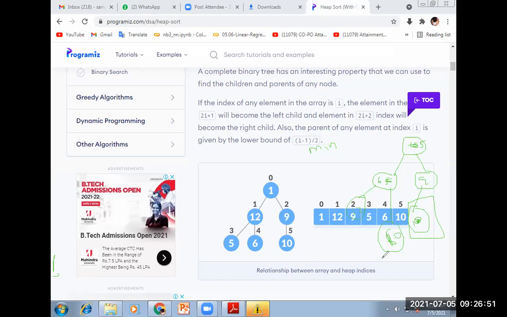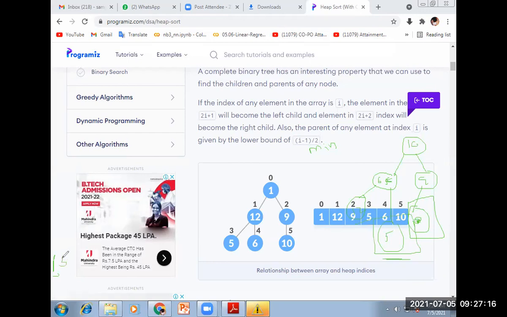Okay. The next leaf child is this one. You store it here. Now what happened is, this 5 comes here and 10 moves upward. So this part we call the sorted part.